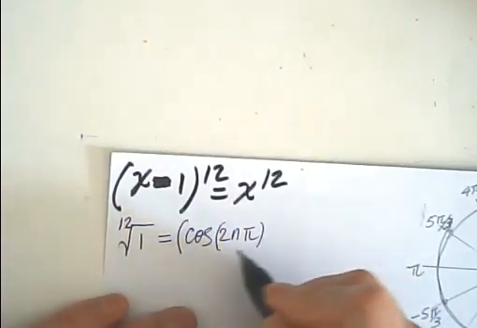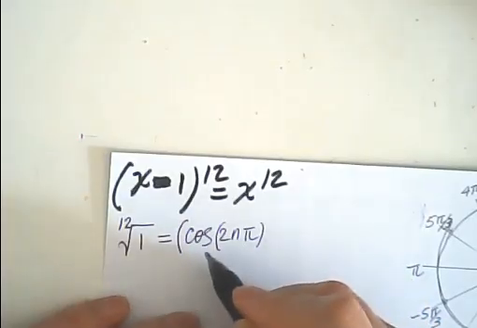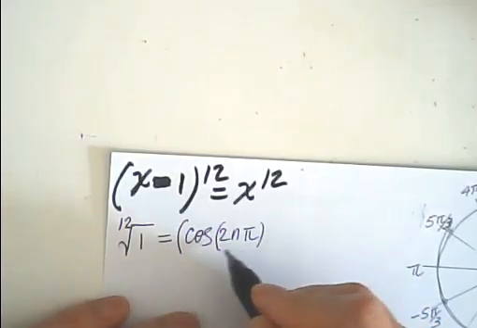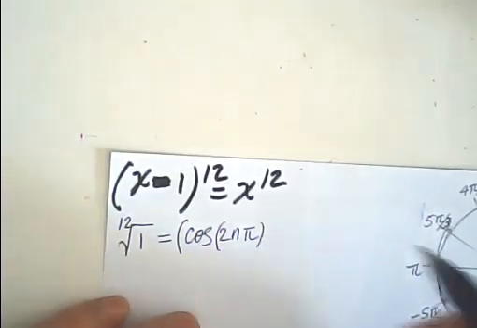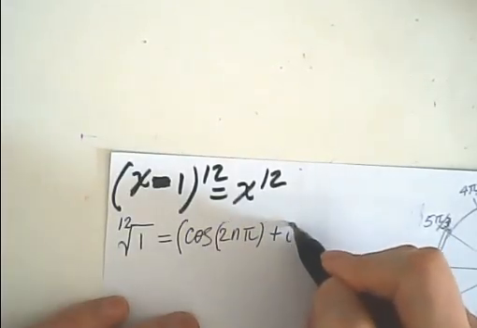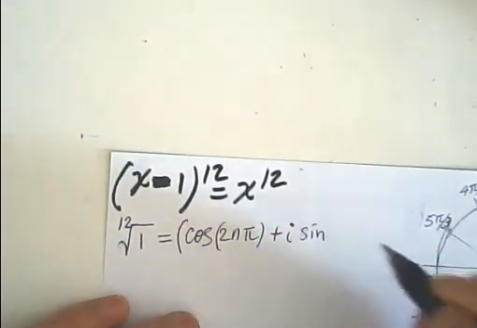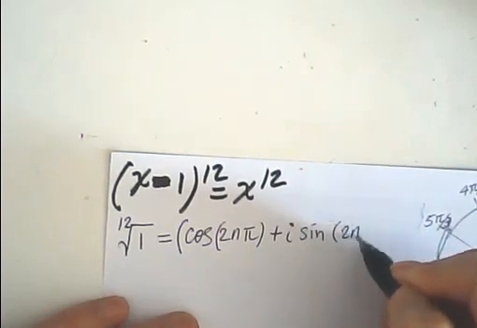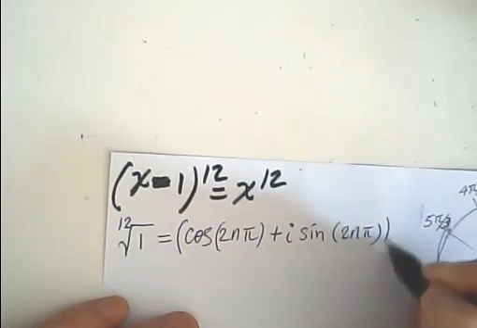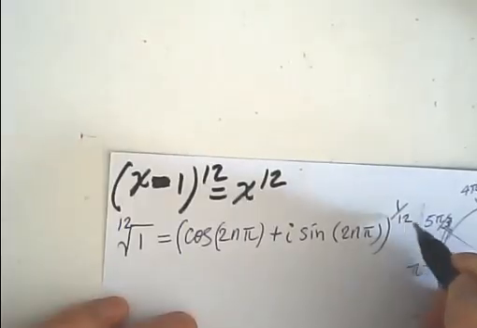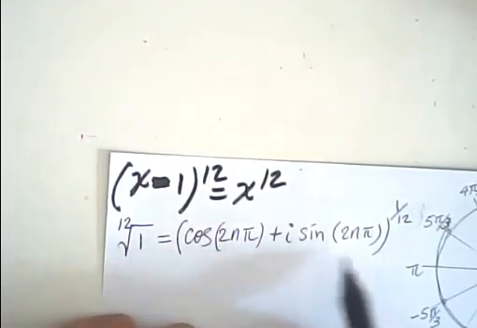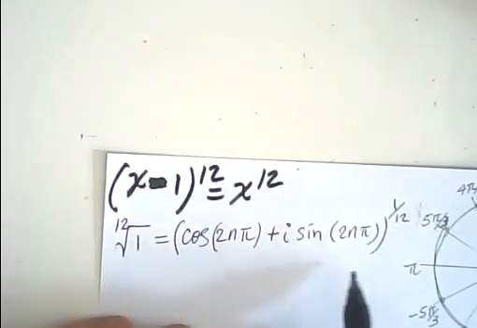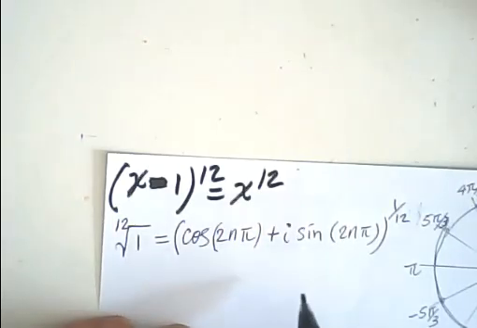Now, this is 0. Cosine 0 is equal to 1, right? Plus i sine 2n pi over 12. That is the 12th root of unity.